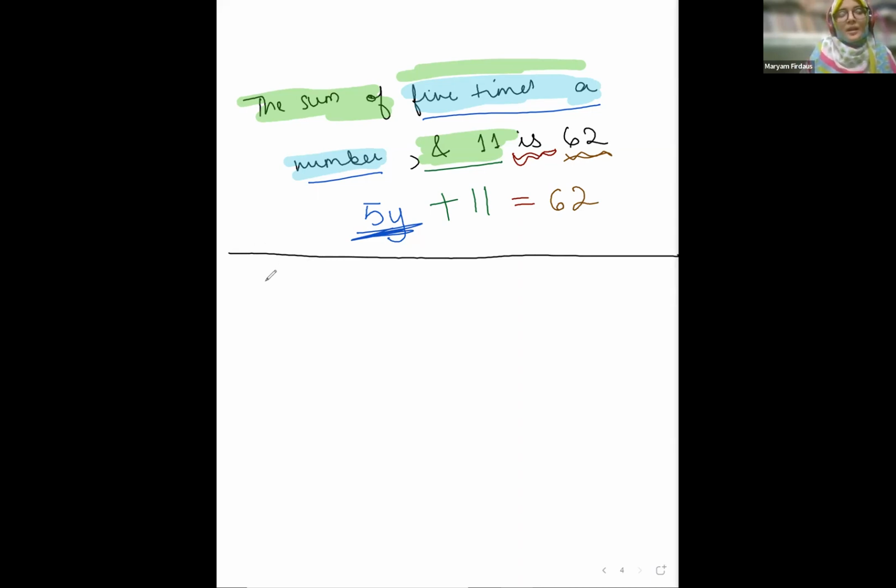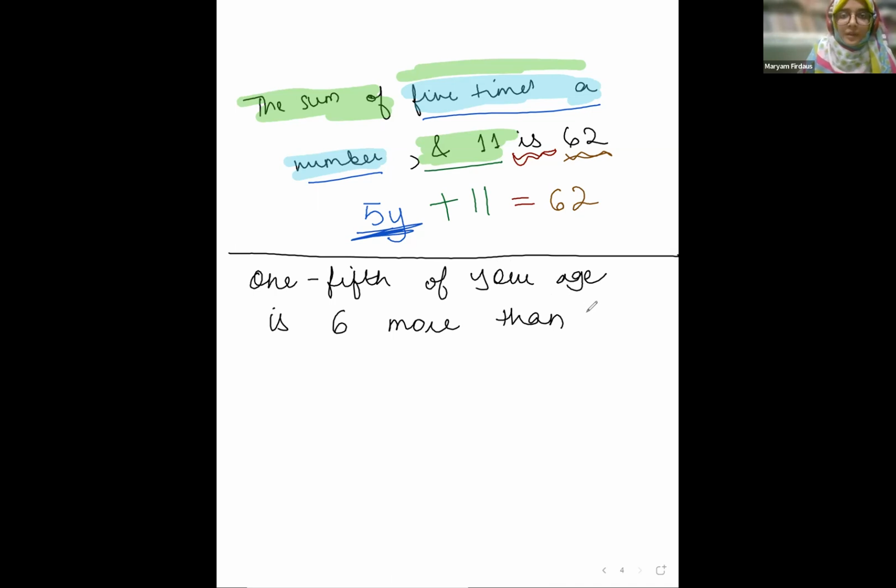If I say 1/5 of your age, which is a random number, you're going to put it in a variable. 1/5 of your age is 6 more than 8.